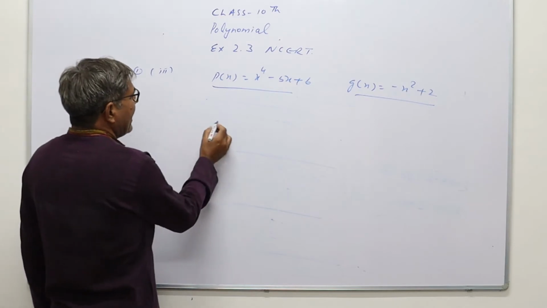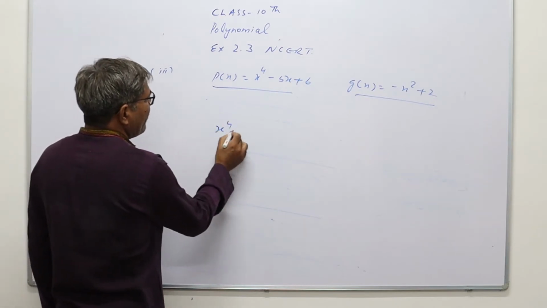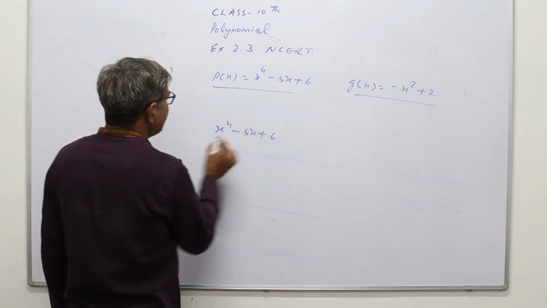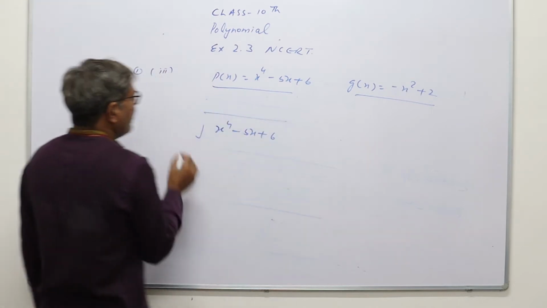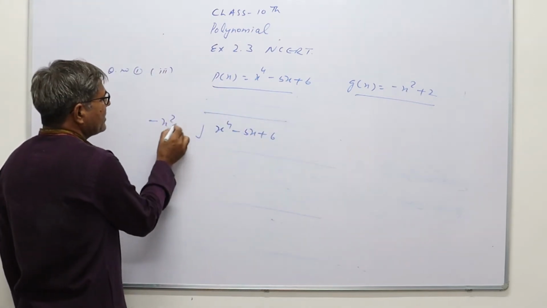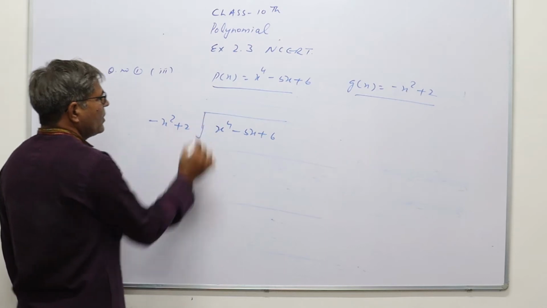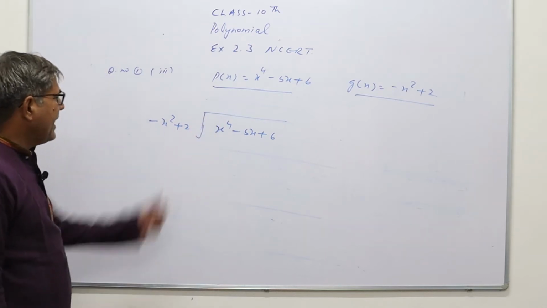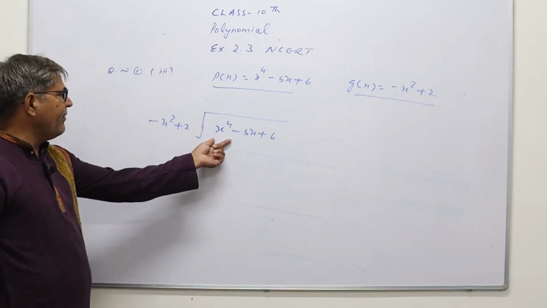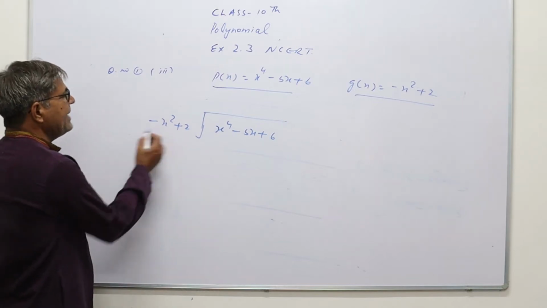So write p(x), x power 4 minus 5x plus 6, and we have to divide this by minus x square plus 2. See, the highest degree term is x power 4 in the dividend and the divisor is minus x square.